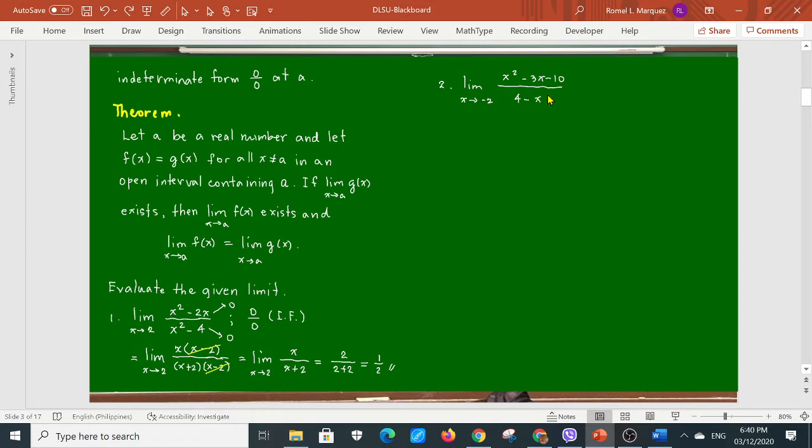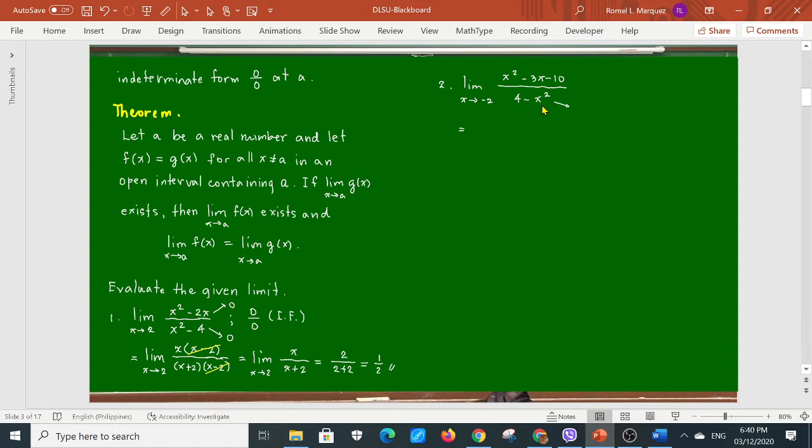What about this? So again, let's try to evaluate the limit of the denominator mentally. The denominator, because that is a polynomial, you can apply the substitution rule.